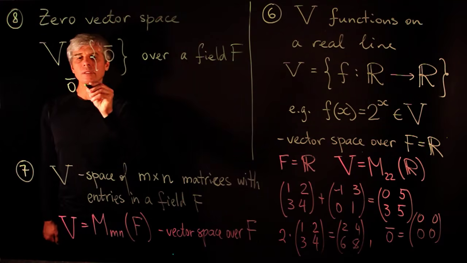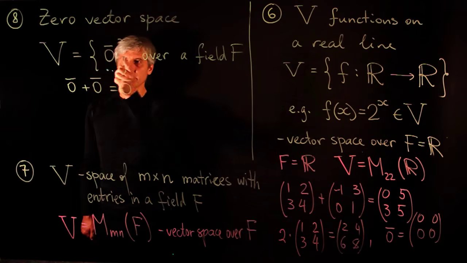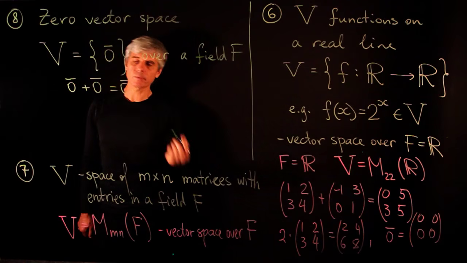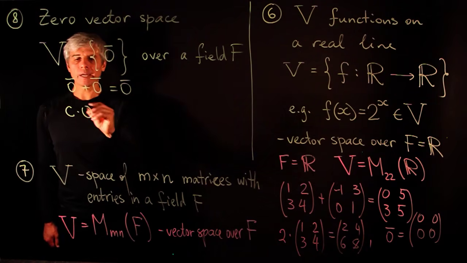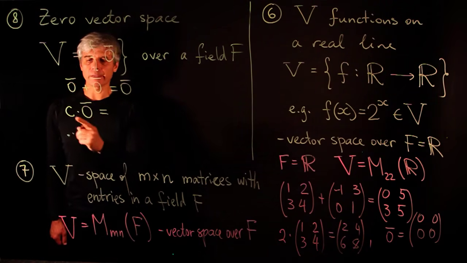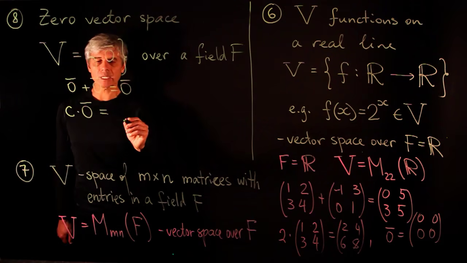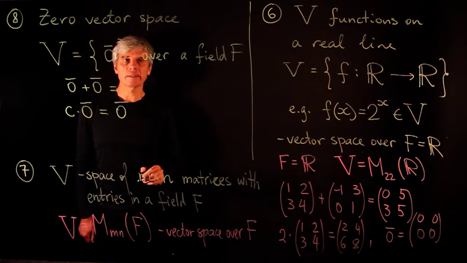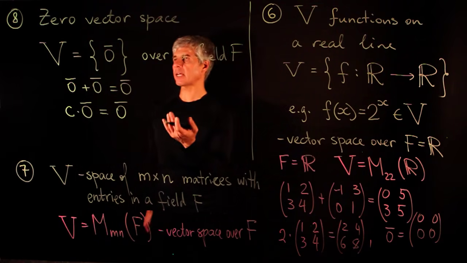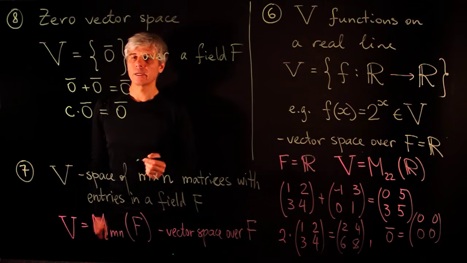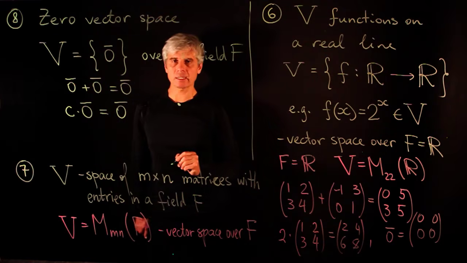So we have addition, like 0 plus 0 is equal to 0, right? So this means that there is only one vector and we can add it to itself. And we can also multiply this vector by any scalar. And the result is, when we multiply the 0 vector by any scalar, the result is the 0 vector. And one can formally verify that the axioms of a vector space will hold here. So geometrically, one can think of this vector space as a single point.